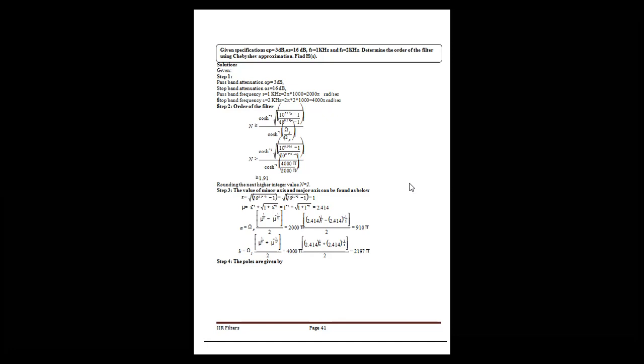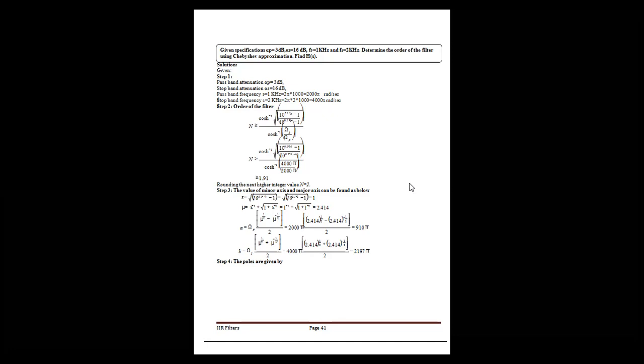Okay. In the case of Butterworth, we saw log to the base 10. So substitute the values of alpha s and alpha p, omega s and omega p, and by substituting all the values, we'll get n greater than or equal to 1.91.